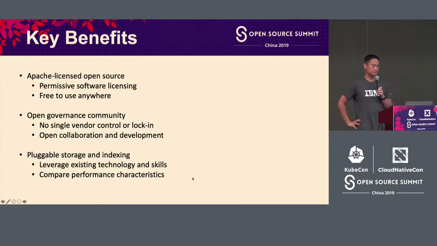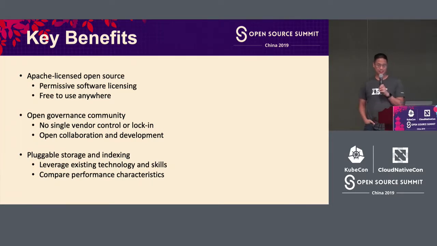So again, the key benefits here, the licensing. That's number one. Having a free software license that's permissive and lets you do what you want with it. Right now in the database space, there are a lot of vendors like MongoDB and Elasticsearch that are starting to move more towards a restrictive license to protect how they want to operate.